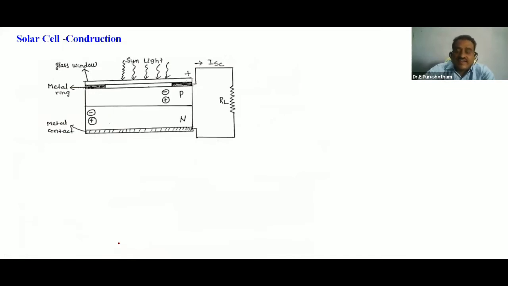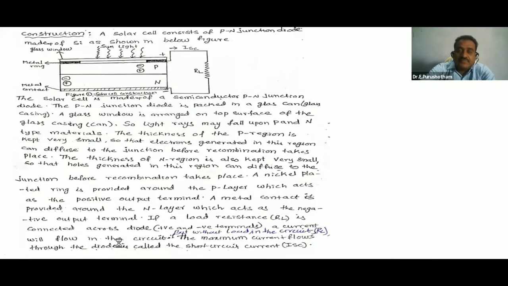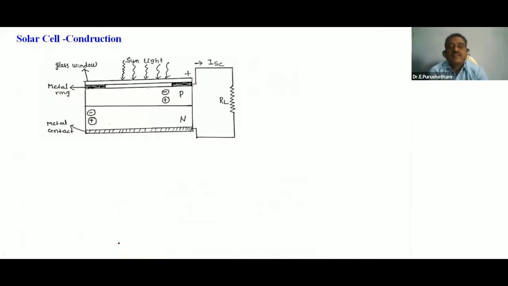So, solar cell construction. How can we construct the solar cell? The solar cell is made up of a semiconductor. You can see this is P type, this is N type semiconductor. The solar cell is made up of a semiconductor PN junction diode.